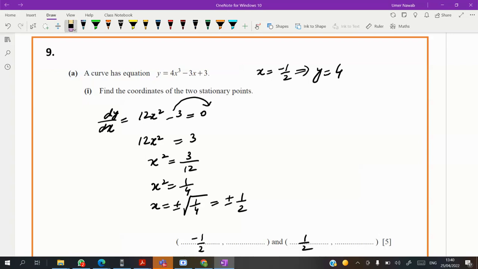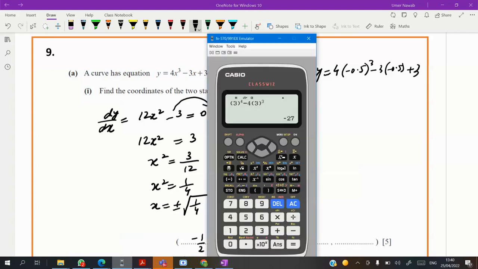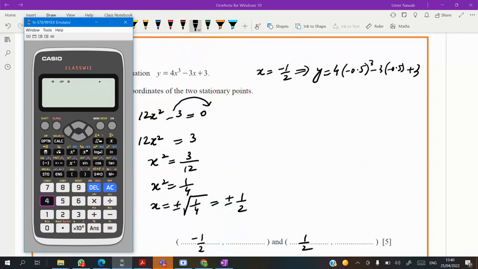So 4 times (minus 0.5) to the power 3, minus 3 times (minus 0.5), plus 3. It gave us 4.